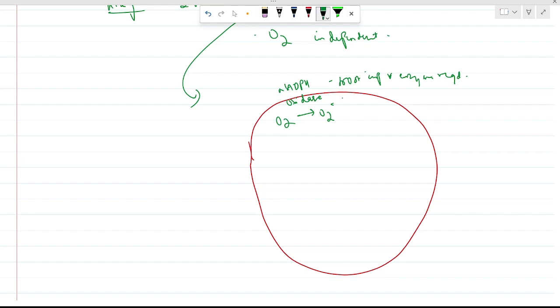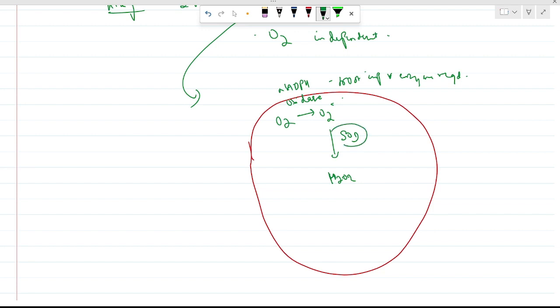The oxygen free radical, by the action of superoxide dismutase, is converted to hydrogen peroxide. You have seen all this in Fenton's reaction in the discussion of free radical injury, how free radicals are induced.